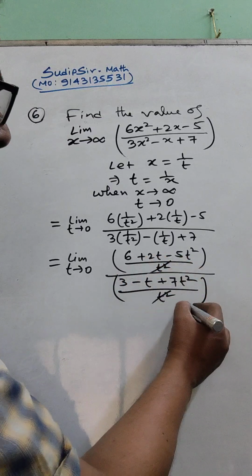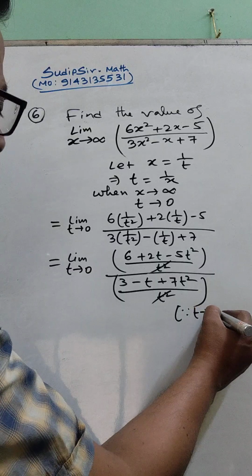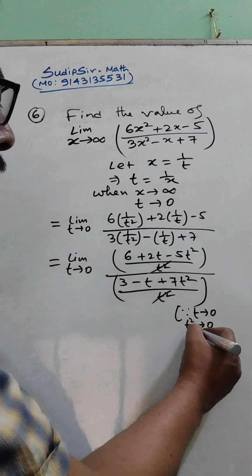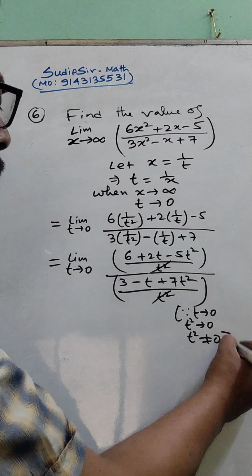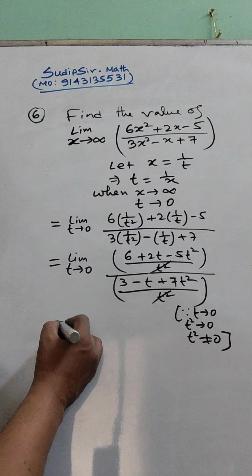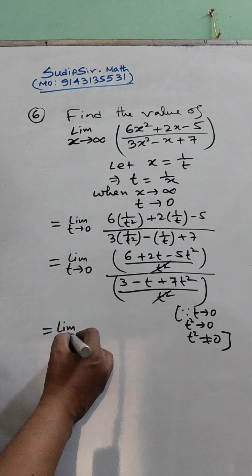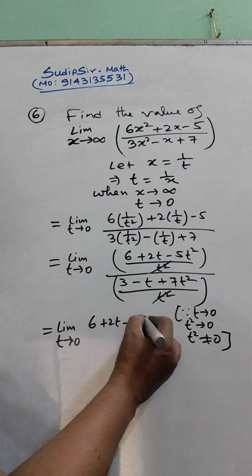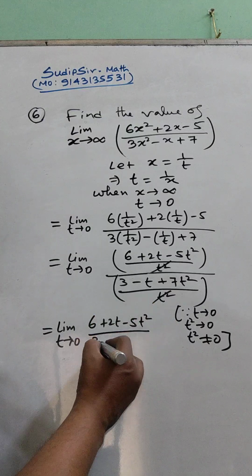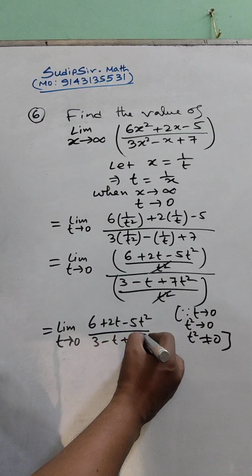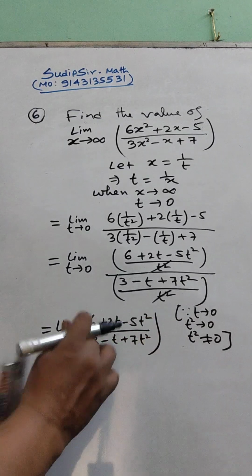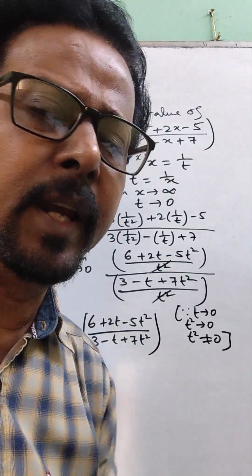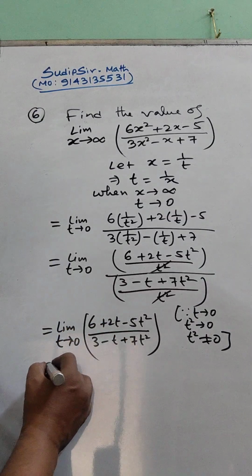Now this t square cancels, since t tends to 0, t square tends to 0, t square not equal to 0. Now your limit becomes limit t tends to 0 of 6 plus 2t minus 5t square over 3 minus t plus 7t square. Now you can easily put the value of t equal to 0.